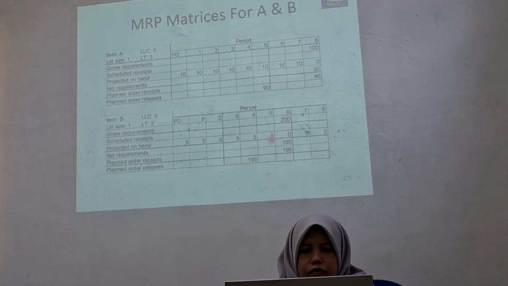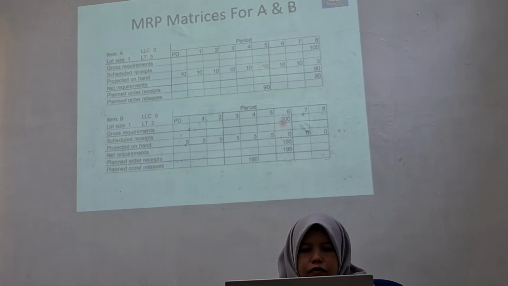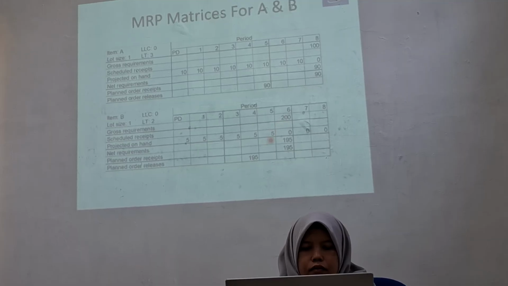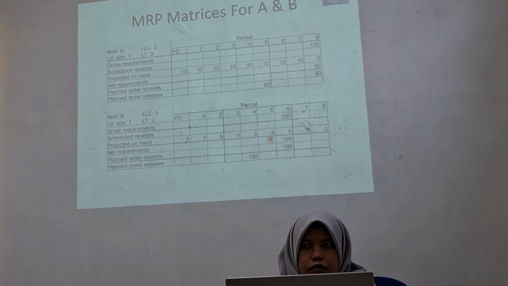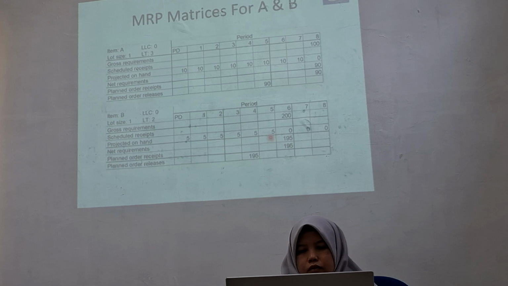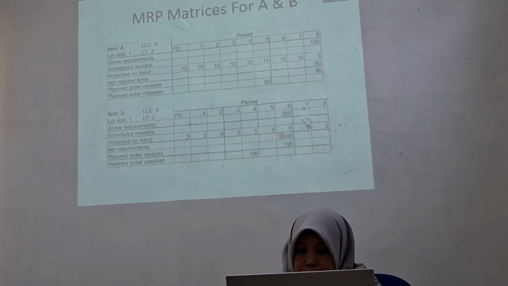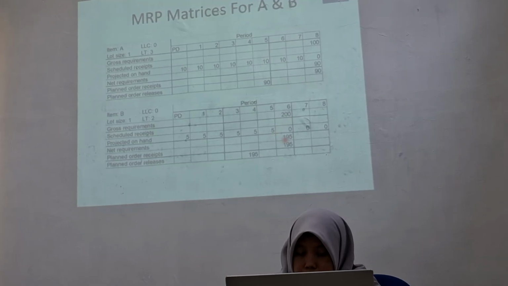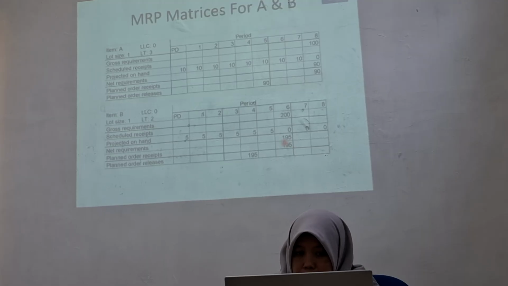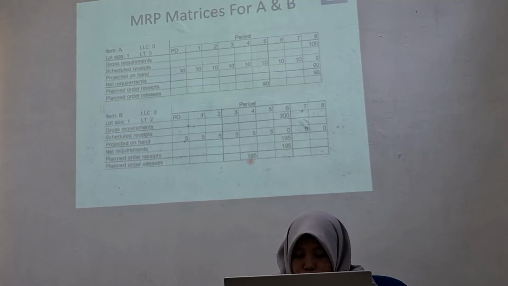And then when the project is in week 6, for the net requirement, they use 195 because 200 minus 5. Mm-hmm. And then on 36 is 190. Receive or release first? Release first. Oh, yes.